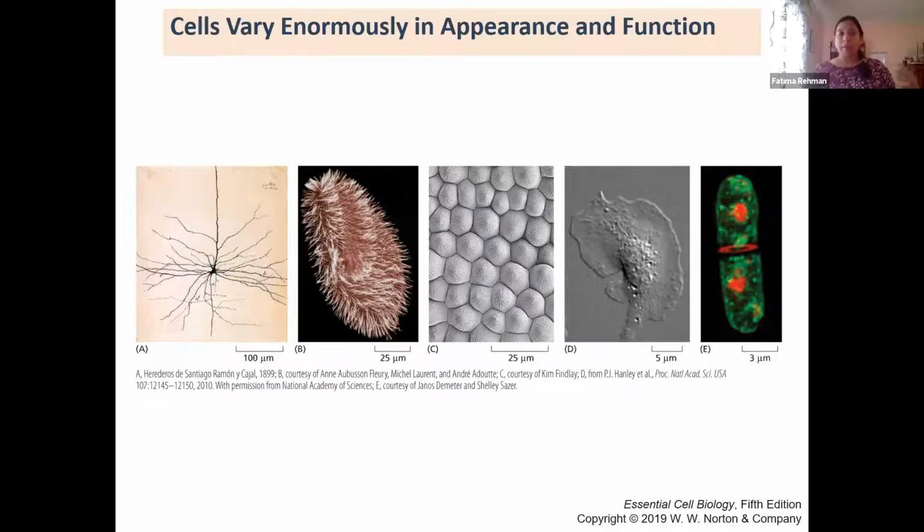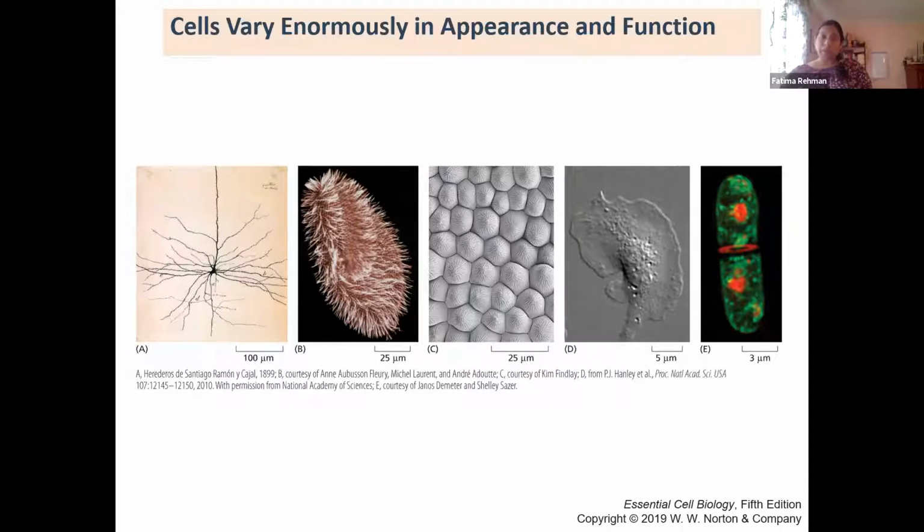Some of them have long flagella, some have pseudopods that help them crawl around here and there. Some have cilia, like over here, you see a cell covered in these little hair-like projections that help it move through its environment. So they are going to be very different simply because of the environment they live in or the type of things that they are surrounded by.